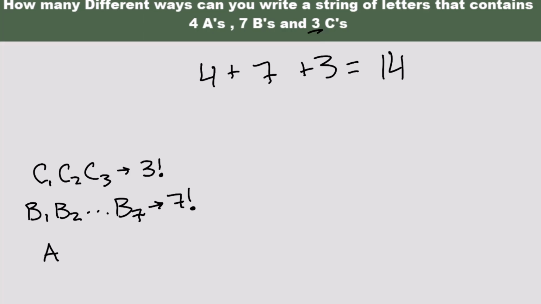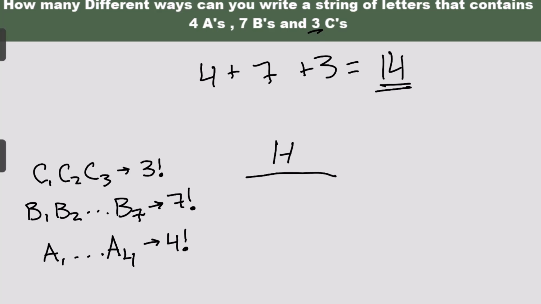And the same with our A's. So A1 up until A4. If we rearrange those, we get 4 factorial. So now, in the numerator, if you're thinking 14 factorial should go there, I would agree with you.